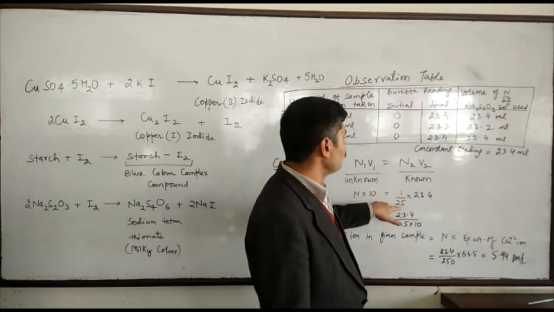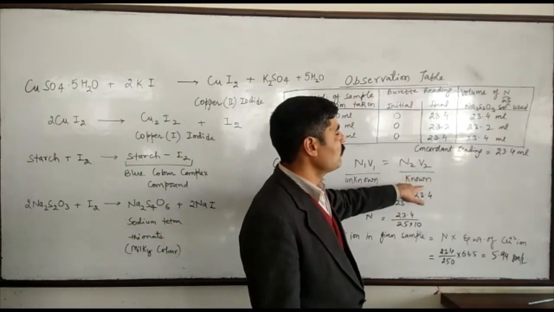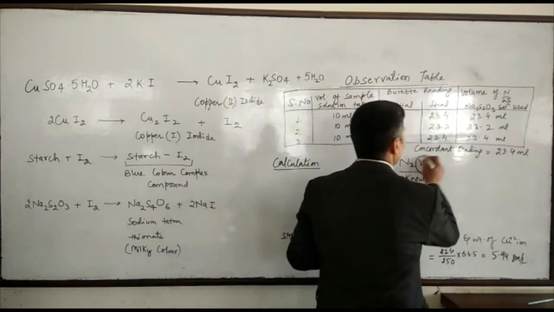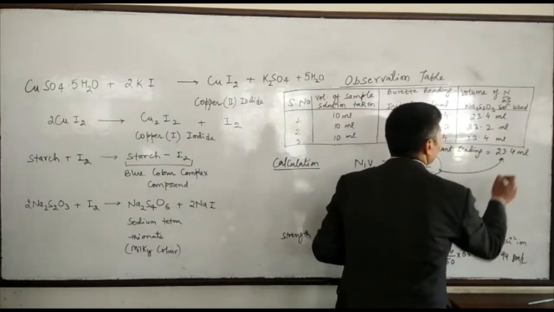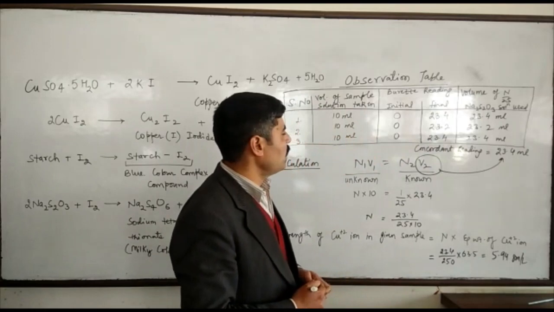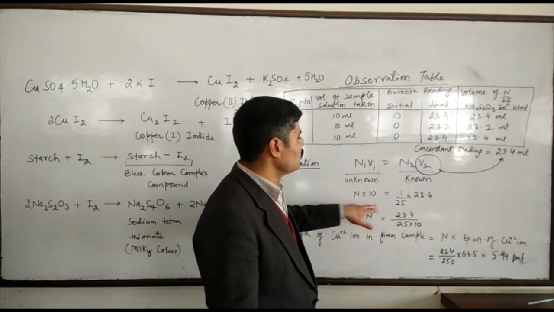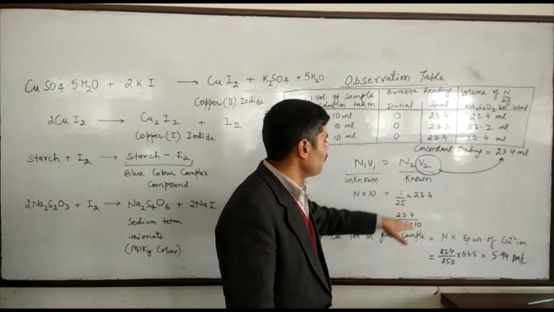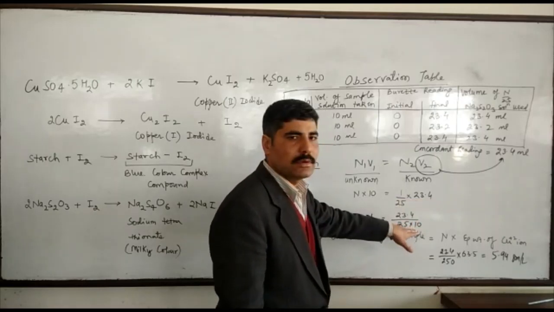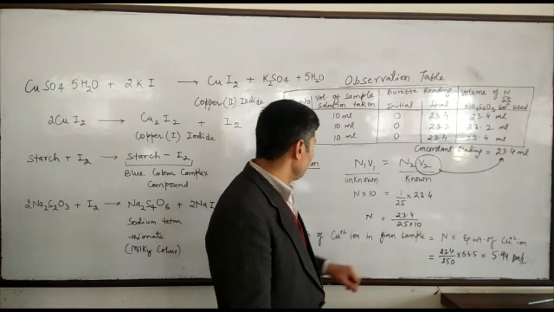The normality is given as 1/25 and the volume which we get from the burette is 23.4 ml. So the normality of the unknown sample solution is 23.4 divided by 25 and divided by 10.